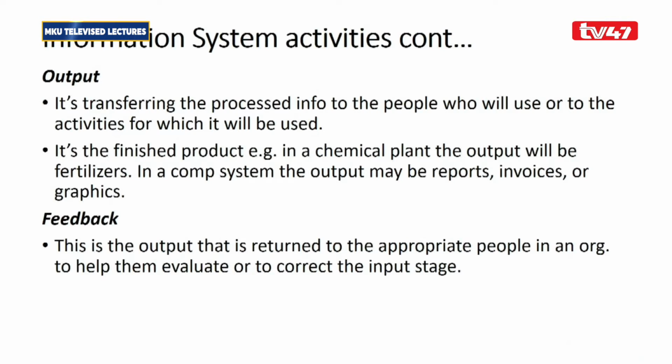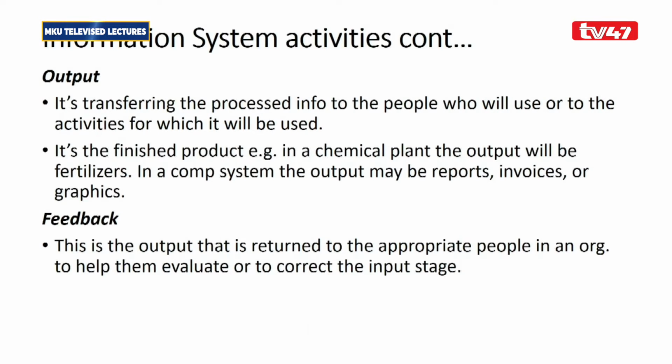It's transferring the processed information to the people who will use it, or to the activities for which it will be used. It's the finished product, basically, that comes out of our information system. For example, in a chemical plant, the output would be fertilizers. Maybe in a computer system, the output may be reports, invoices, or graphics.